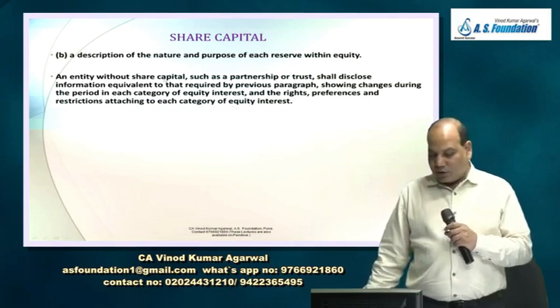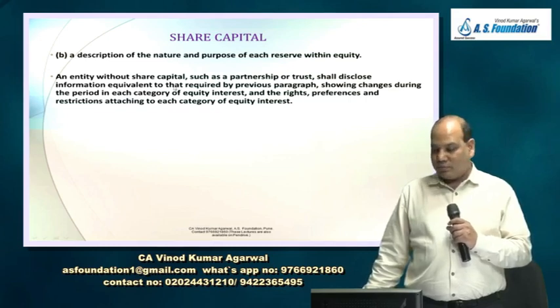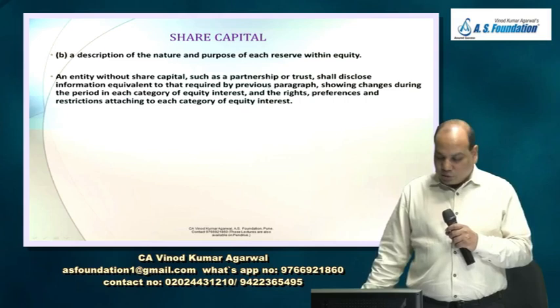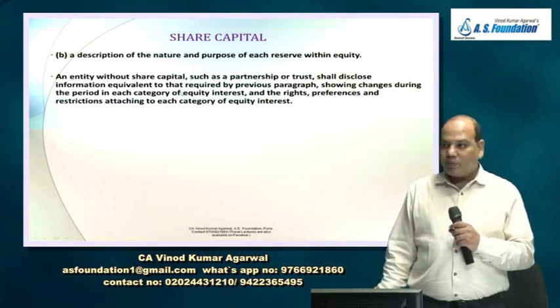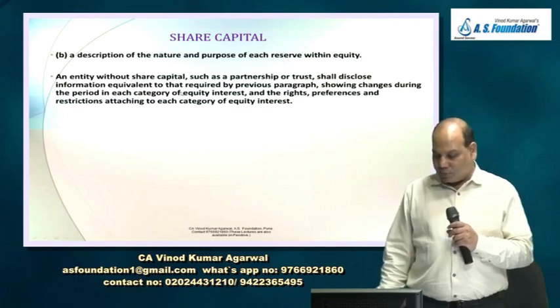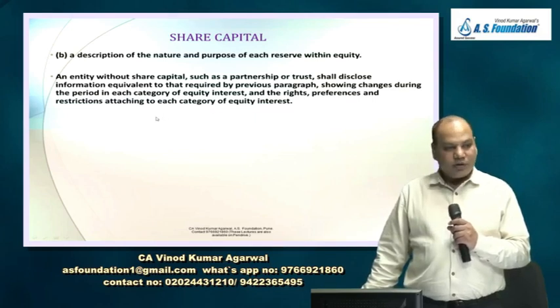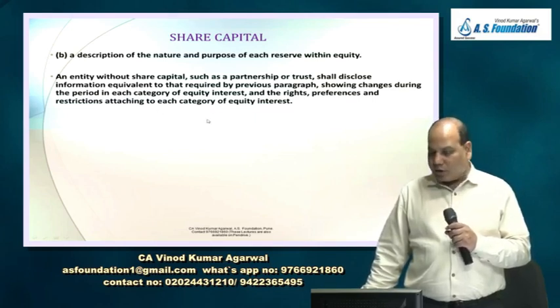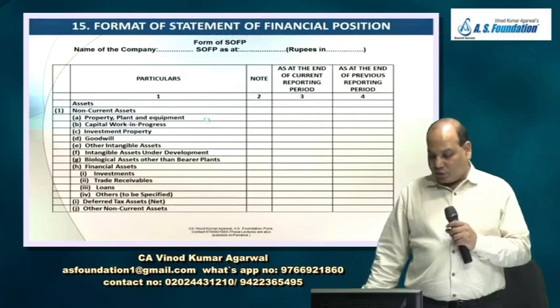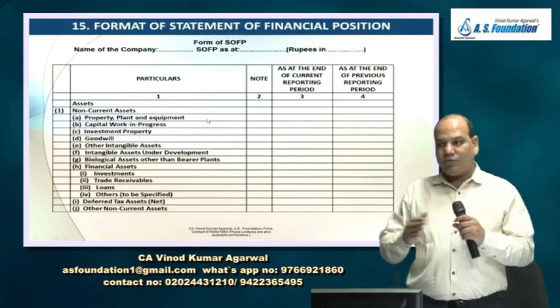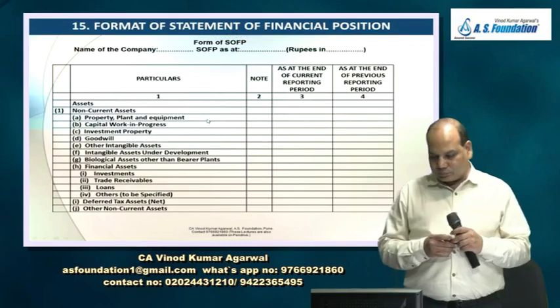So if there is any entity which does not have share capital, like for example partnership or trust, they will also try to disclose the information given in the previous paragraph to the extent possible, and showing any change in the category of equity interest and the rights, preference and restrictions. Not very relevant for you, but because this is IFRS, it is much wider in scope.